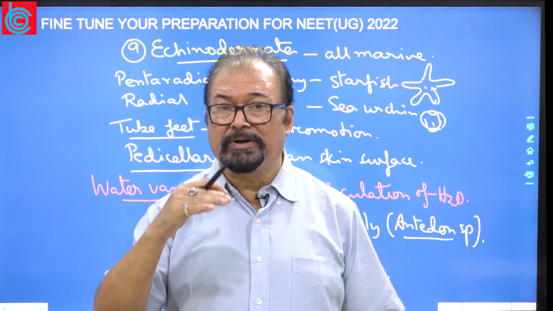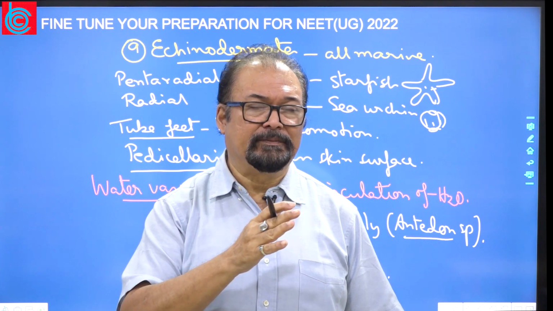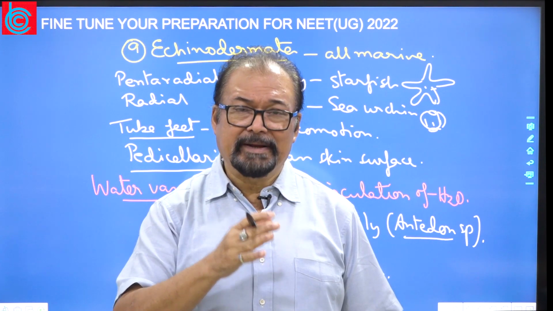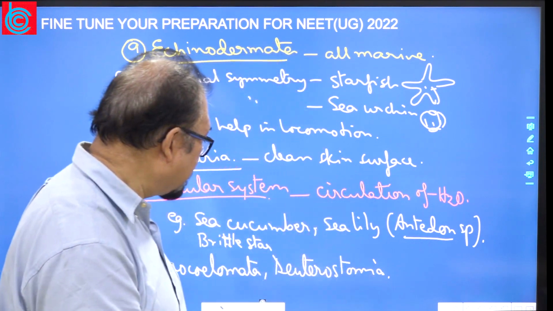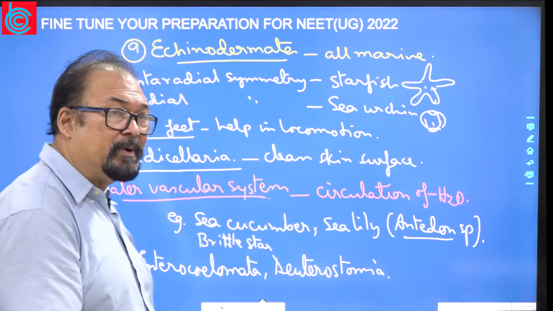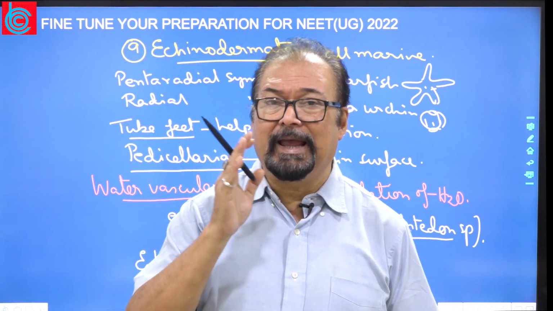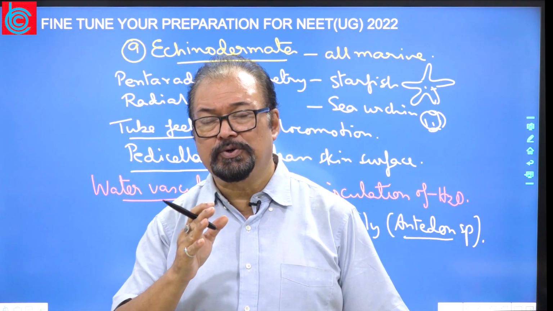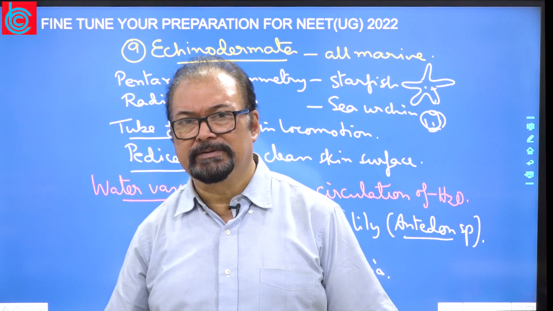What is the proof? What are the common characters? Deuterostomia, anus is forming first, right? Some mesodermal plates are there like internal skeleton and enterocoelomata. We discussed in the previous class, enterocoelom condition is present only in echinoderms, hemichordates and the chordates.